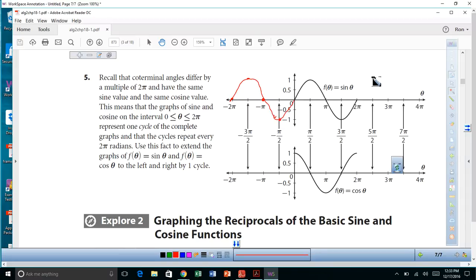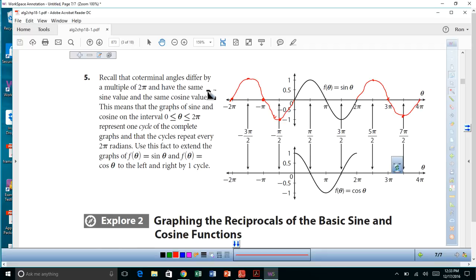And then here you're going to have max, min, and x-intercept. So it's going to go, and then it's going to look like that. And the same thing here.